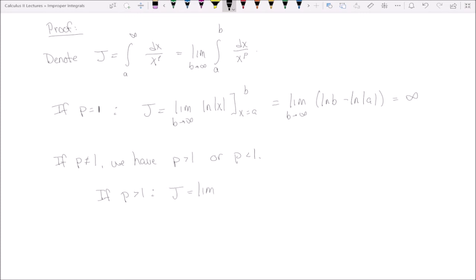J is going to equal the limit as b approaches infinity of x to the 1 minus p all over 1 minus p, as x goes from a to b, which will be the limit as b approaches infinity of b to the 1 minus p over 1 minus p minus a to the 1 minus p over 1 minus p.